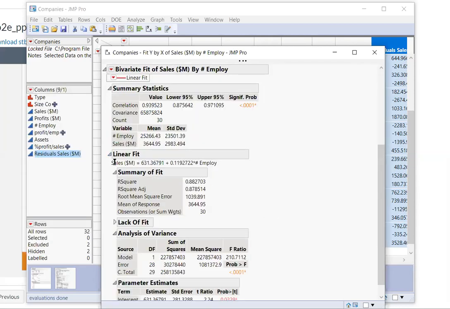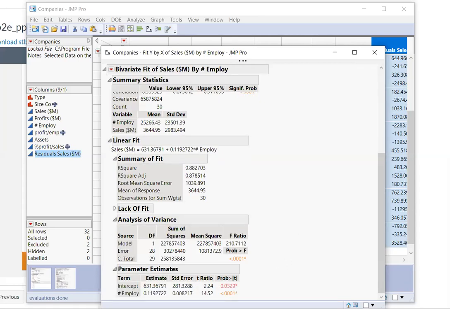That's my fit line. Now I want to see if this makes sense. R square is 0.88, almost 88.3% of variation in the dependent variable sales is explained by number of employees. That's the number. And down here, what I see is actually very satisfying.